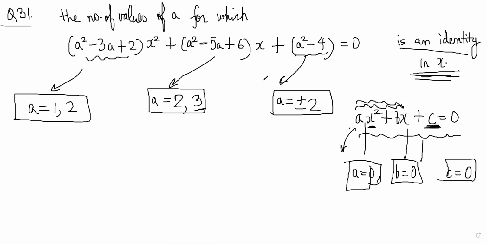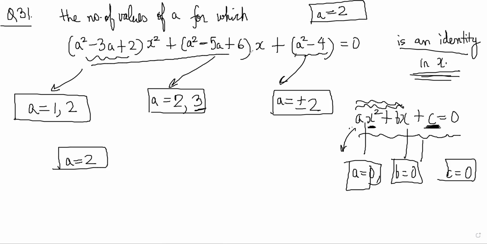So it has to be A equals 2, the value common to all three. There is only one value of A, A equals 2, for which this equation is an identity. This is an important principle: a quadratic will become an identity if all its coefficients are 0.